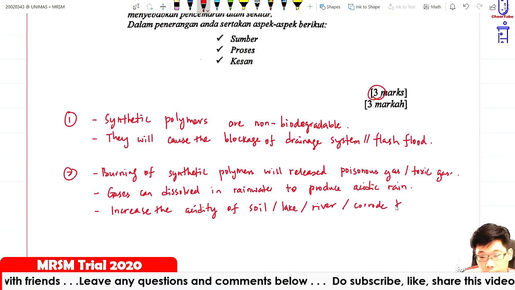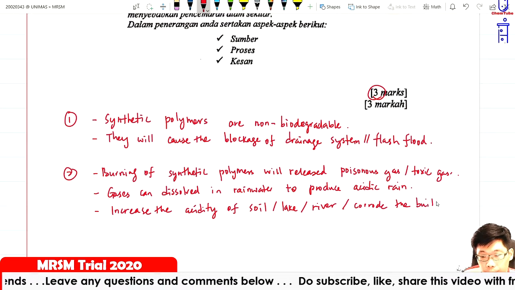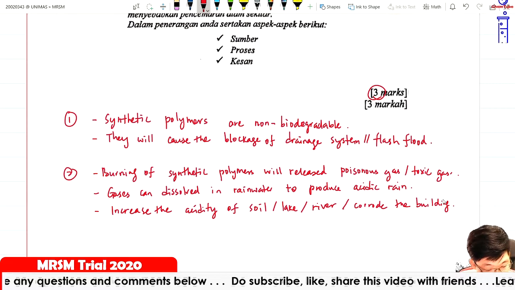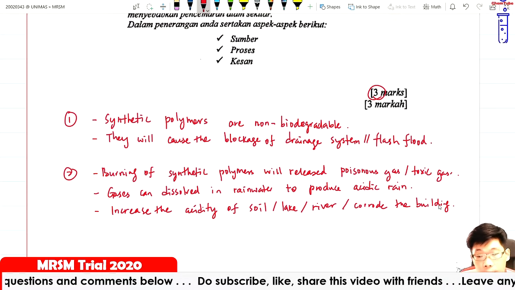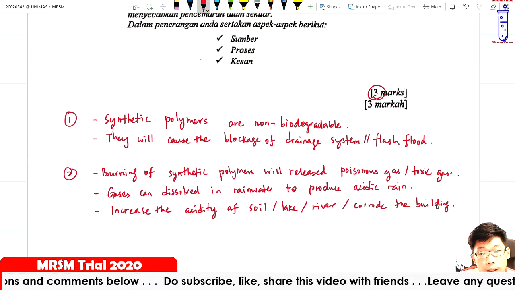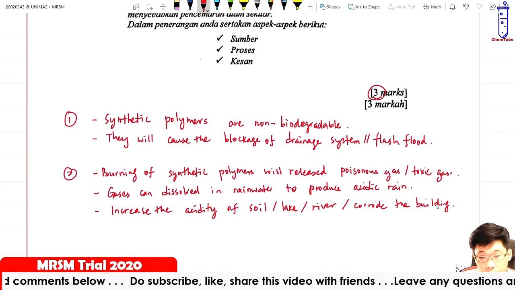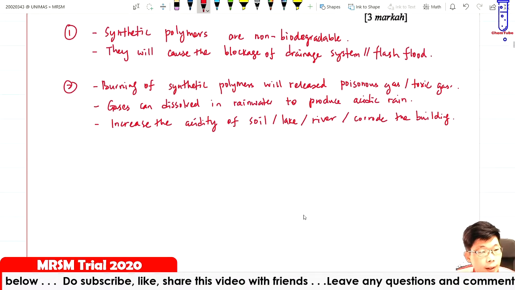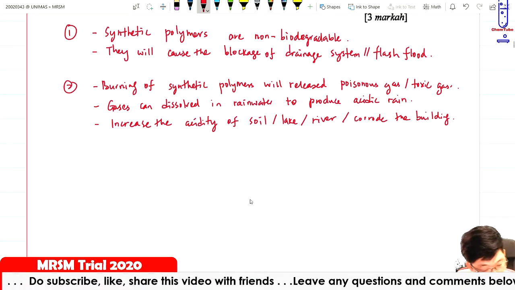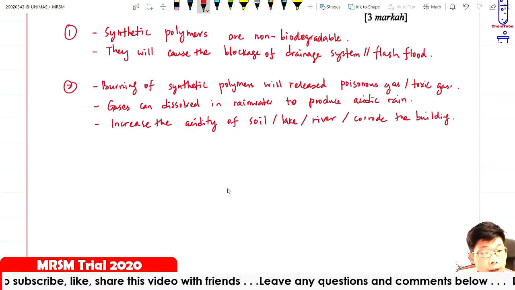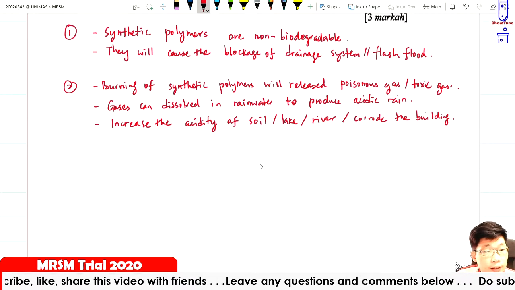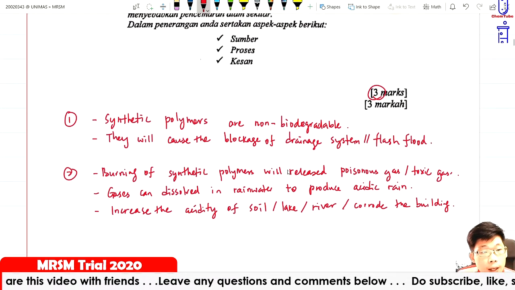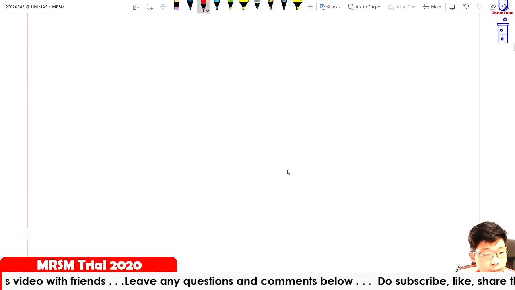Okay, so these are examples of the side effects of acid rain on the environment. Besides that, you can also write about the greenhouse effect, but here I just show you two examples of how you can write your answer for this question.